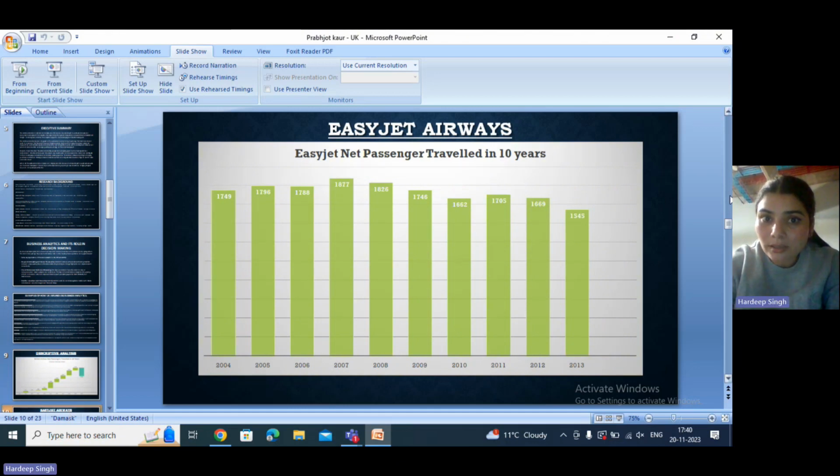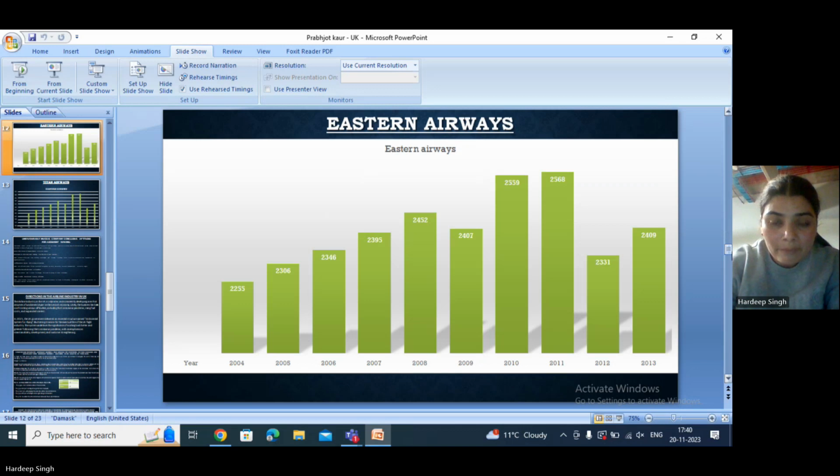So here is EasyJet Airways. In 2004 we can see the passengers were around 2,255. It decreased since 2008, but very minor changes can be seen in the following year 2009.